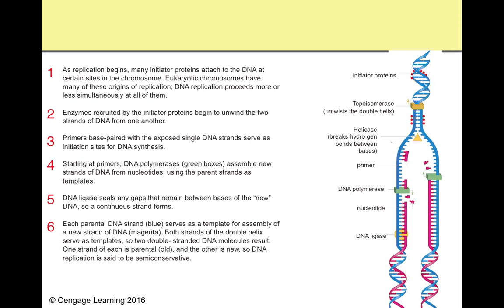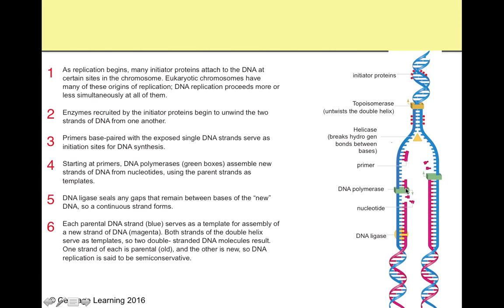Enzymes unwind the strand. Primers, that's this little guy right here. These little primers serve as the initiation site for DNA synthesis. Starting at the primers, this big guy called DNA polymerase will assemble this new strand, which is in pink here, using the parent strand as the copy.